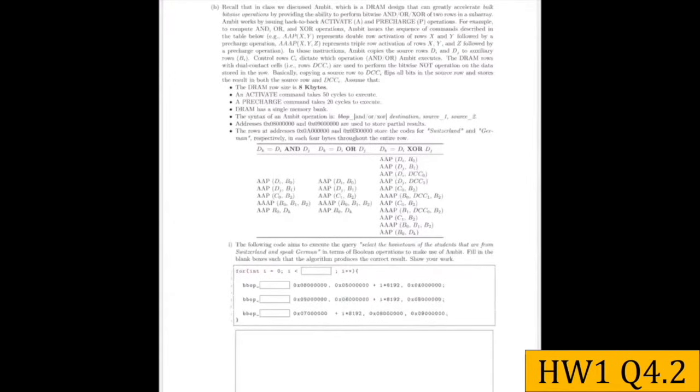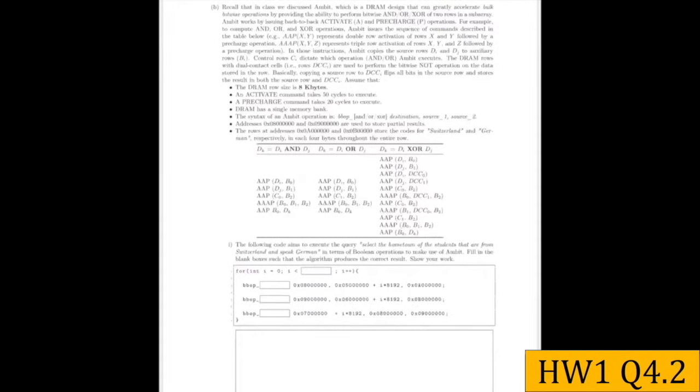It says that Ambit works by issuing back-to-back activate and precharge operations, and it gives an example of how it works for AND, OR, and XOR operations. It also says that Ambit has some control rows that detect if you're going to execute an AND or an OR operation, and some dual-contact cells that are used to perform bitwise NOT operations on the data.